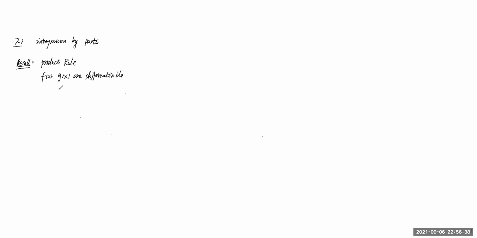And then the product rule says the derivative of g(x) times f(x) is f(x) g prime(x) plus g(x) times f prime(x). Okay.